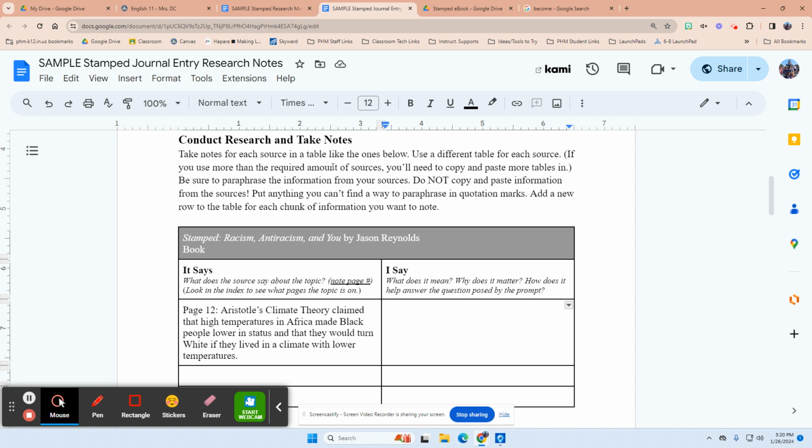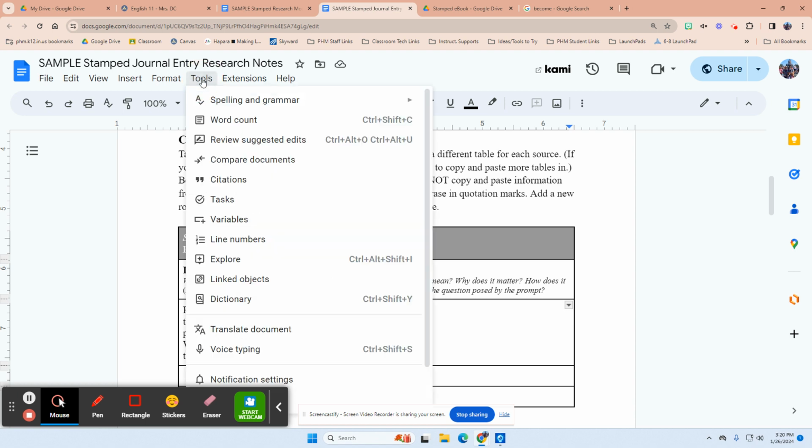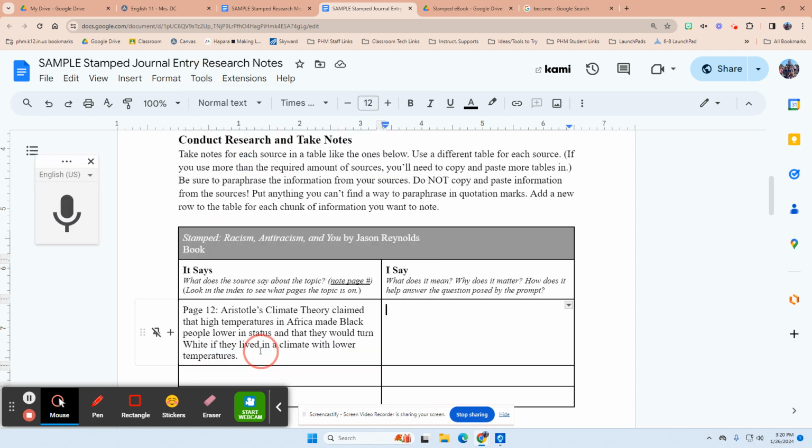So I'm going to go to tools and select voice typing, and you just click and then you can start speaking. So I'm going to think through the questions underneath the "I say" to get my ideas about what this means.